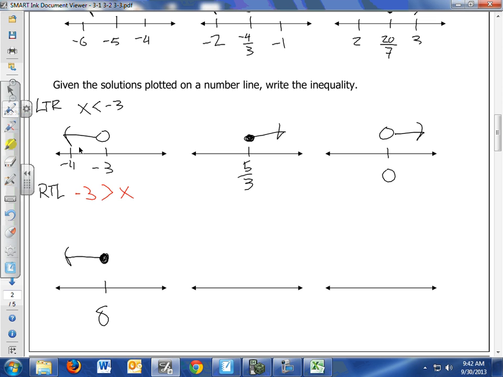You gotta copy them down. Careful. My numbers are greater than 5/3.